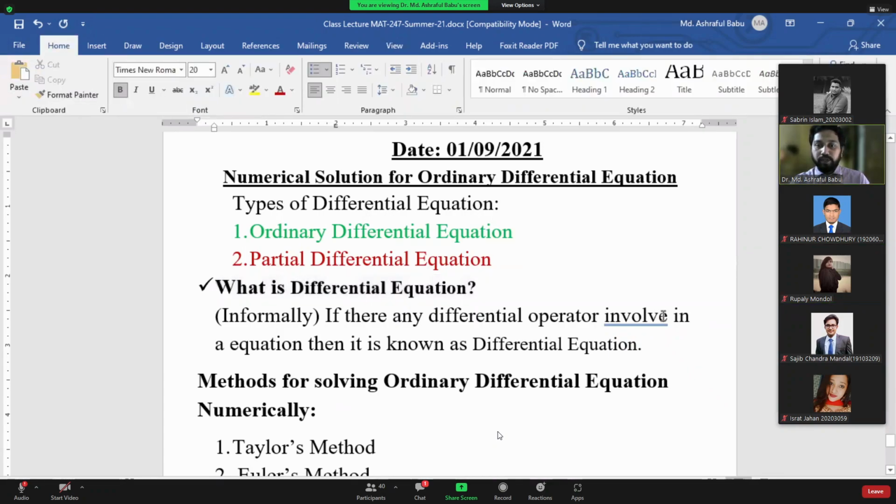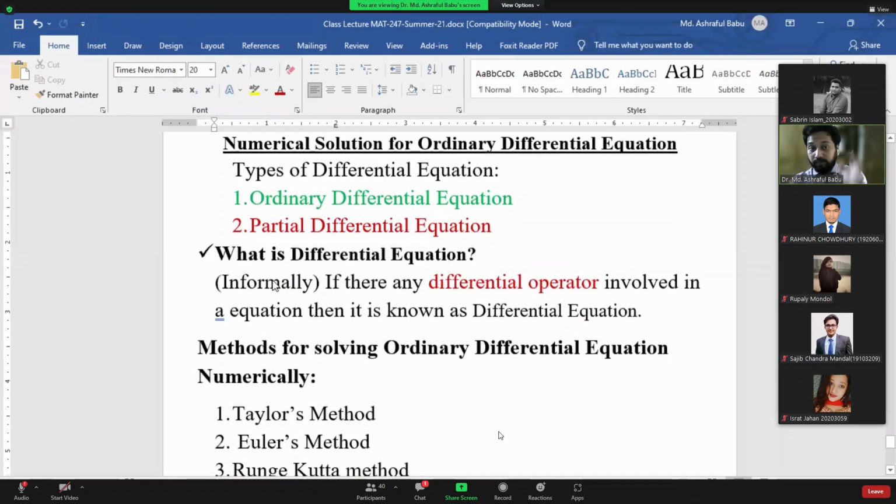So informally, we can say that if any differential operator is involved in any equation, then it is called a differential equation. The definition is very simple.